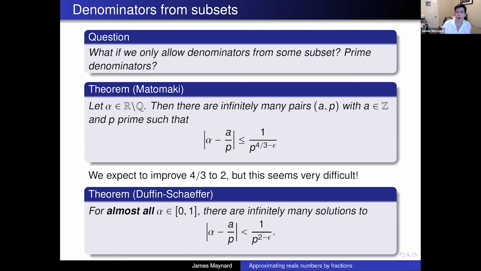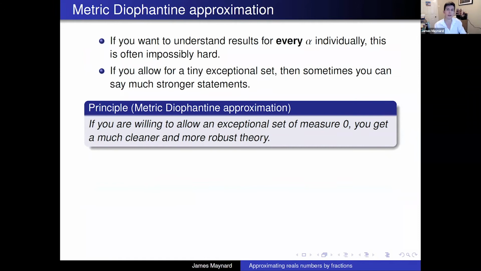And so we've now seen two different examples of a common feature of problems in Diophantine approximation: if you want to understand questions for every real number individually, this is often impossibly hard.